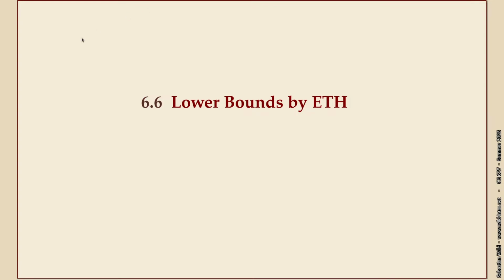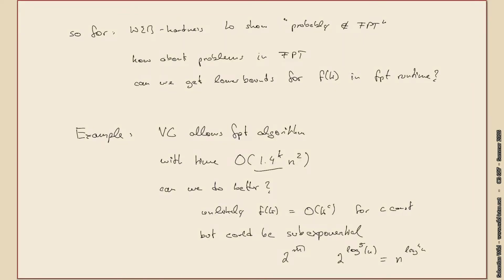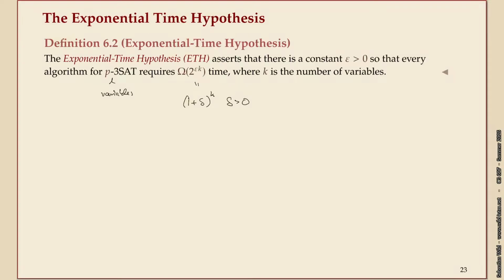And then the flip side was how can we get lower bounds for problems where we do have FPT algorithms, but we don't know how far we can push the running time of the f of k part. And so we were looking at some tricks there, or some techniques. That was basically the summary here.